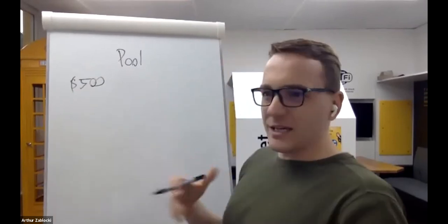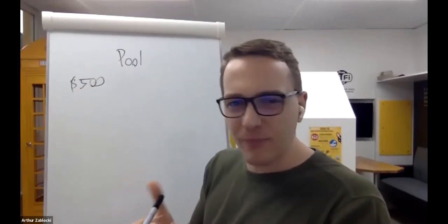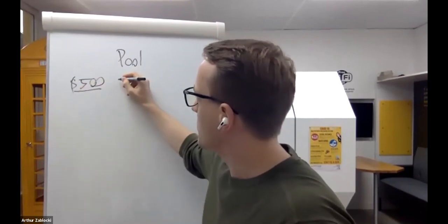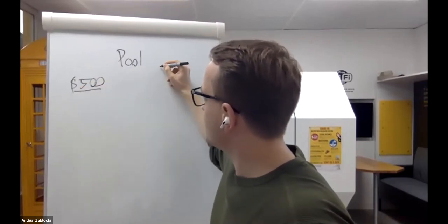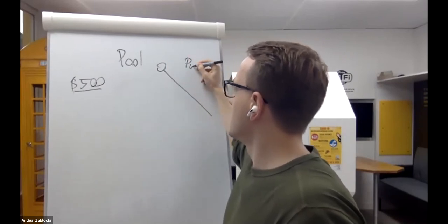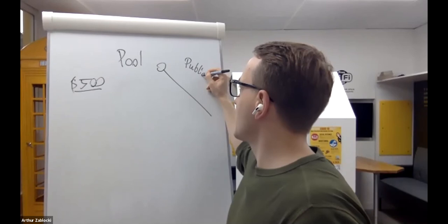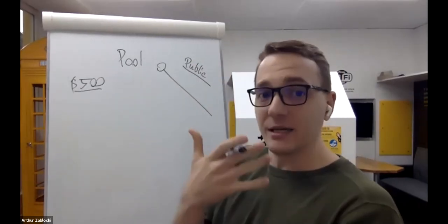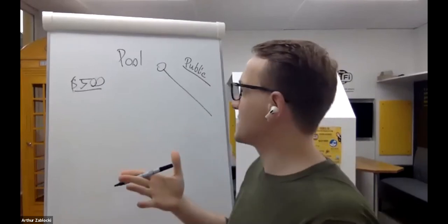There are 3 different paths to activate it. If you have the 500 package, you need to place 3 people on your public leg. Public leg could be your left leg. You need to check in the system. Whatever leg is your public leg, that's what matters for the activation.